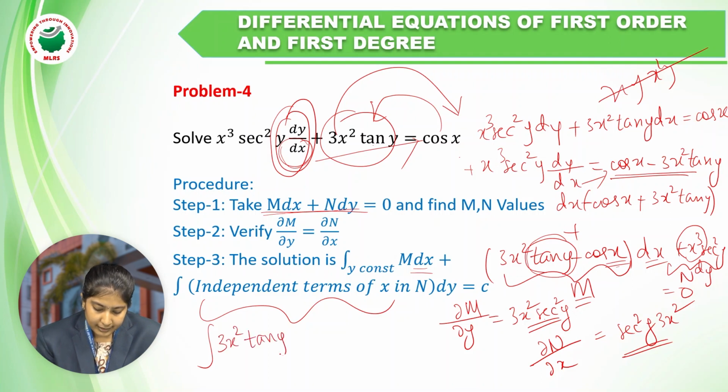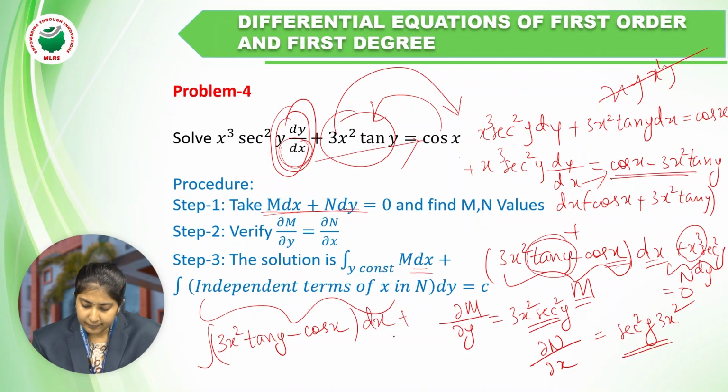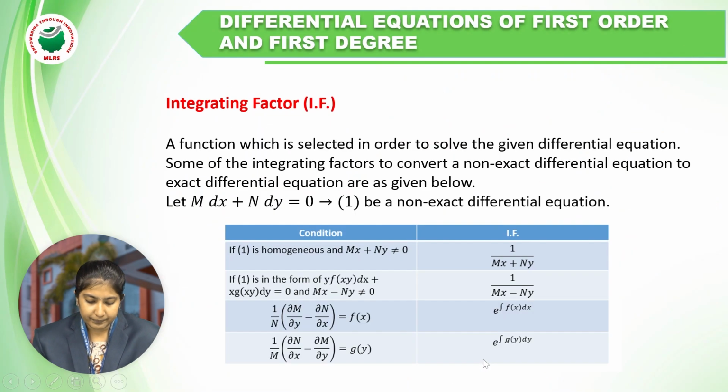Integral of 3x square tan y minus cos x, this should be integrated with respect to dx, and then you take N terms which are independent of x, right? Is it independent of x? No. So answer is 0, right?